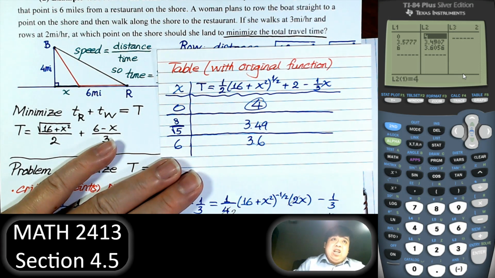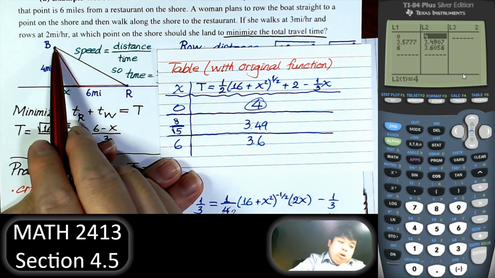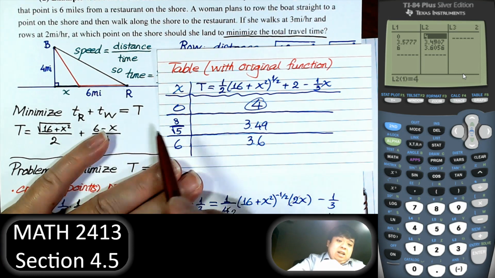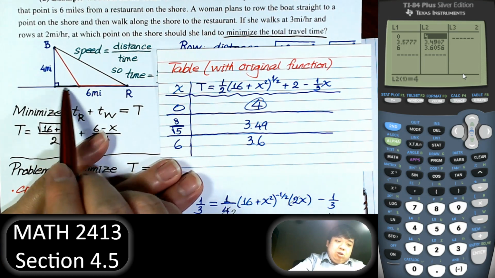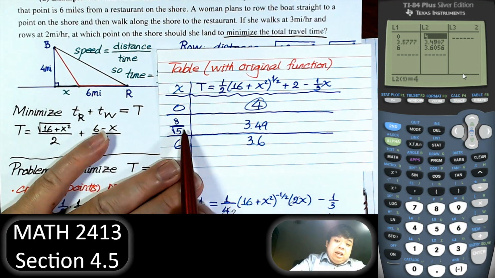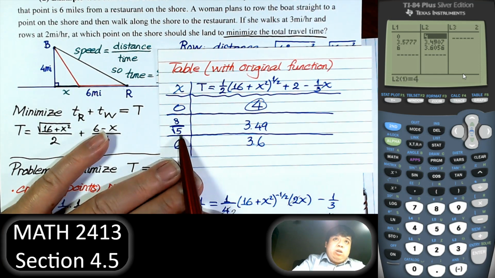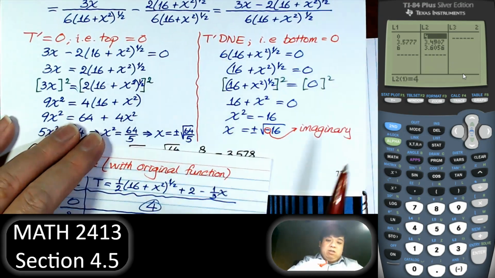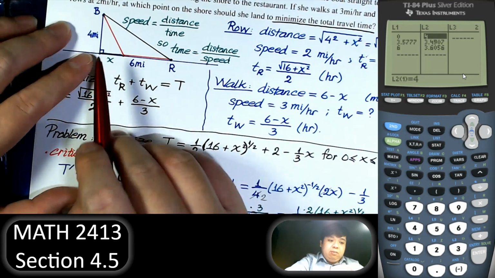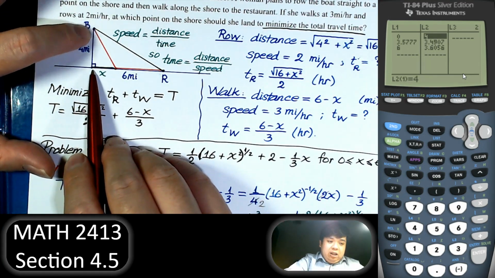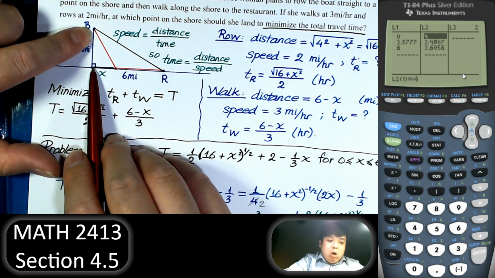Now, ideally, she will go to the point here and then walk the rest. The distance that she has to aim for, where she tries to land, is 8 over square root of 5, meaning that's 3.578 miles from the closest point on the shore line to the boat.